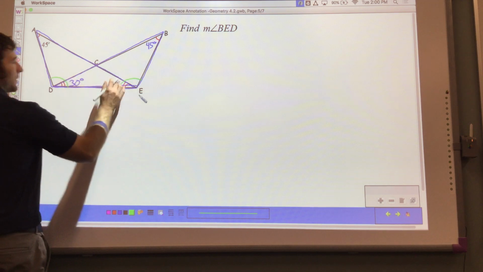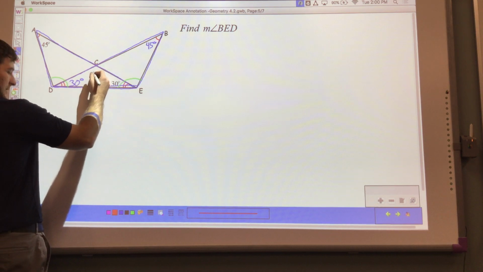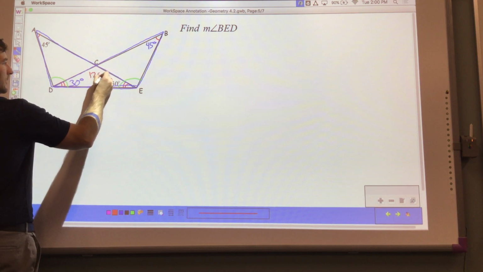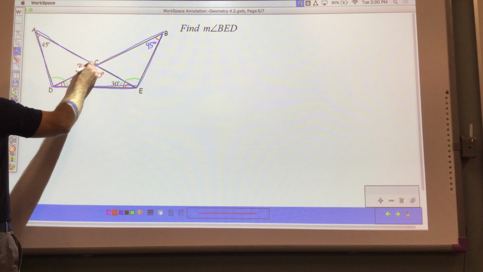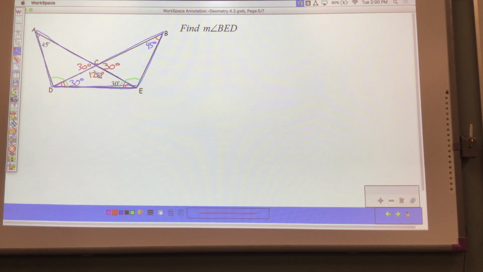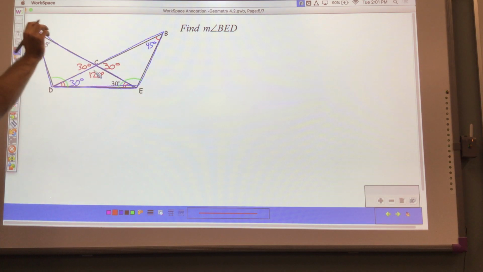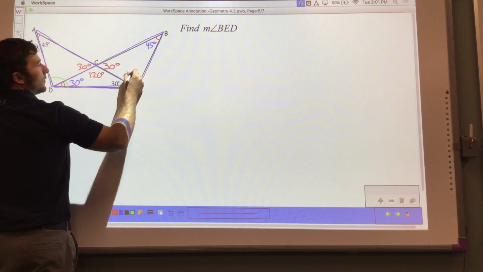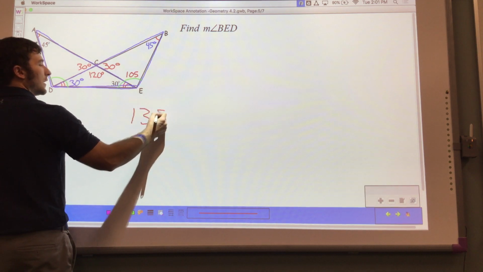Well, if we have 30 and 30, triangles add up to 180. So that makes this angle 120. These are vertical angles, so those should be equal. So those would be 30 and 30. 180 minus 30 minus 45 is going to be 105, and then you add the 30 and the 105, and you get 135 degrees.